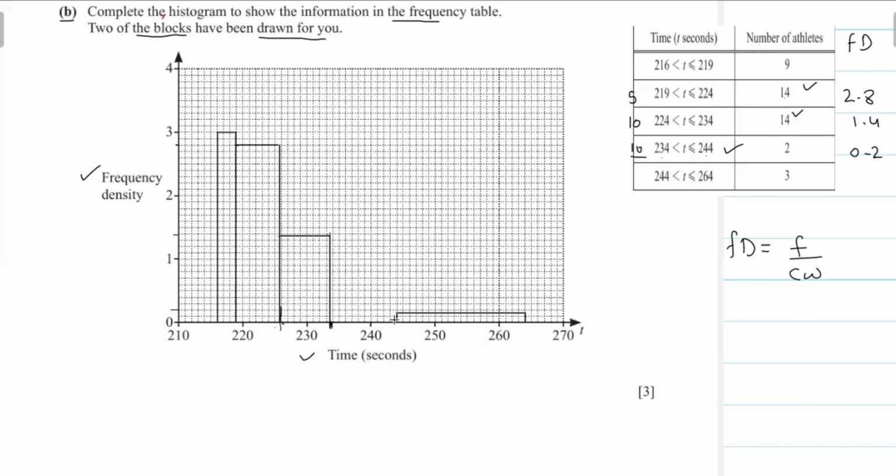Therefore, we will draw the bar of height 0.2. This is the position of 0.2, and we will join this third bar to the fourth bar. This is the vertical line of the fourth bar, and this is the fourth bar of the histogram, and the histogram of this table is completed.